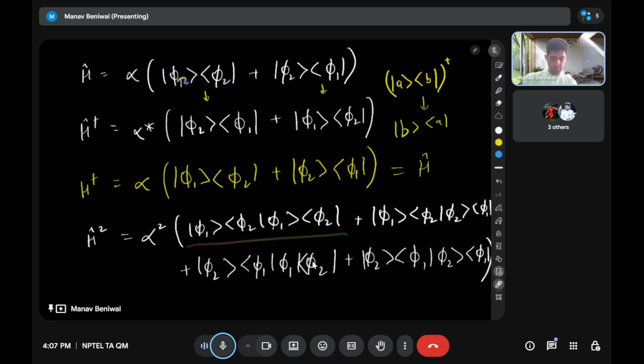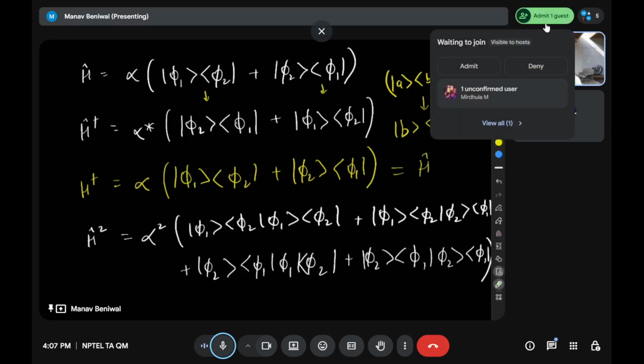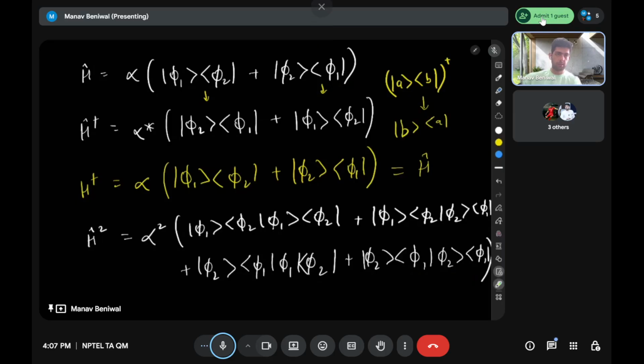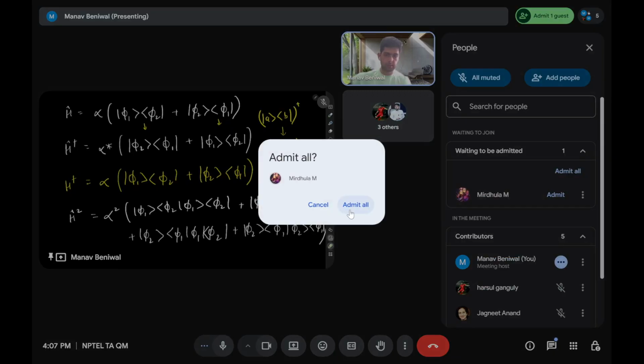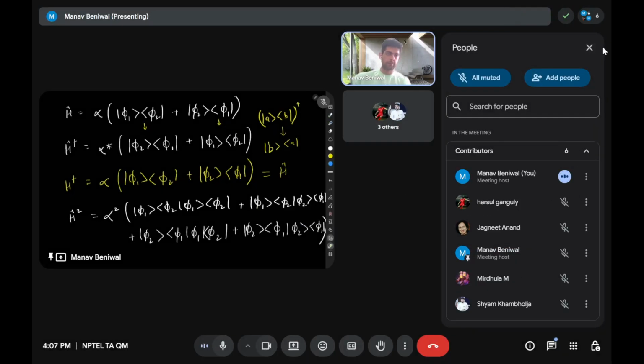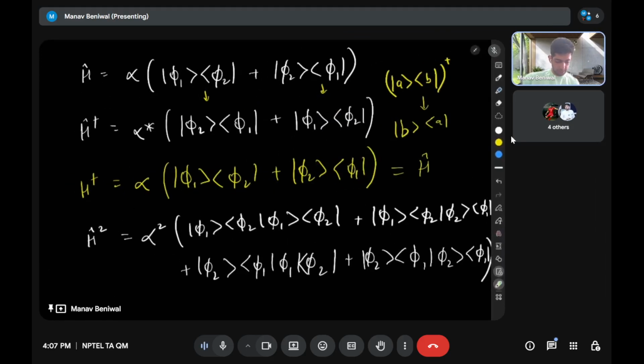So |phi 1><phi 2| multiplied by |phi 1><phi 2|. Then we have a square of this thing, |phi 2><phi 1| and |phi 2><phi 1|. Then we also have the cross terms, where we multiply 1 with 2 and 2 with 1, and they give us these two terms.